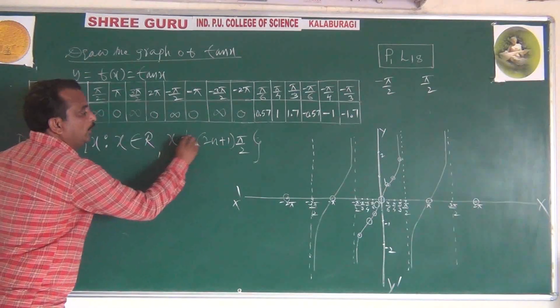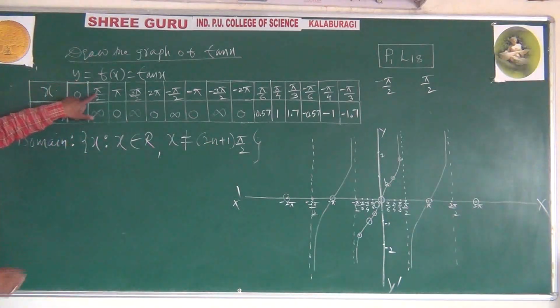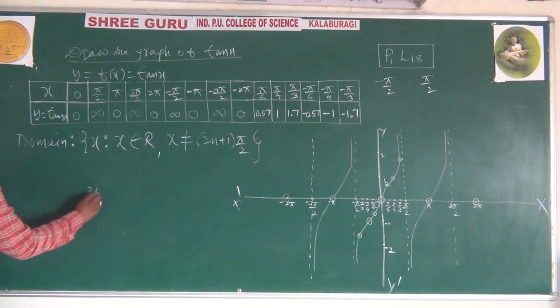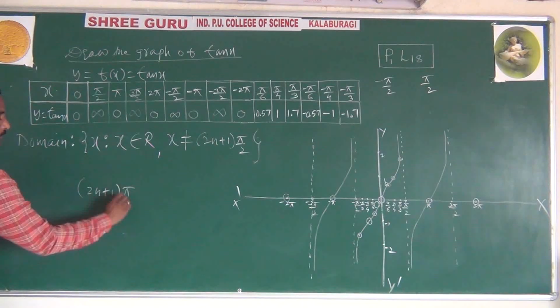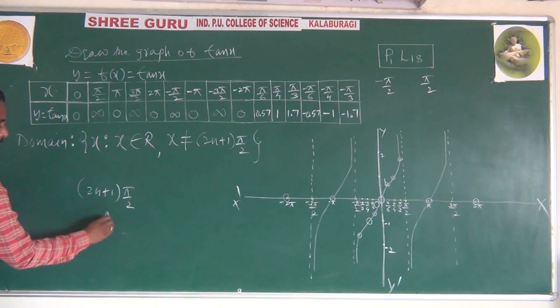Why not equal to 2n plus 1 into pi by 2? When it becomes 90 degree, 2n plus 1 into pi by 2. Put n is equal to 0, 1 pi by 2.